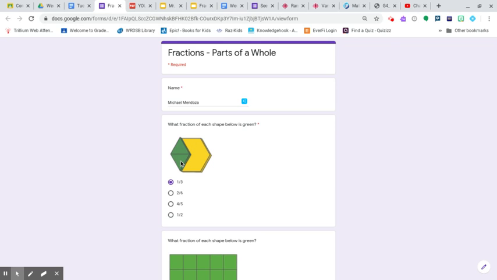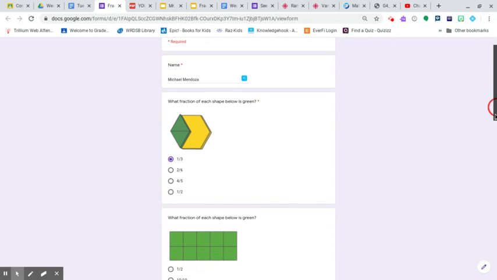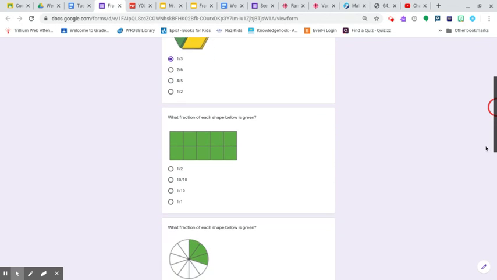You have 2 over here, so we have 2/6 and another 2/6 because there's 2 other equal triangles and another equal triangles. So we have a third, another third, and another third. That would be 1/3. So that is actually green. So if you chose 1/3 or 2/6, you would have been accurate.